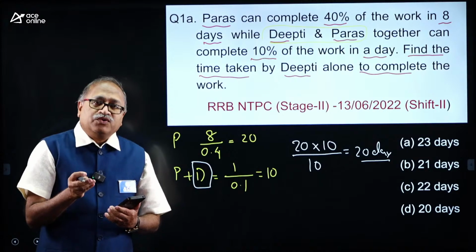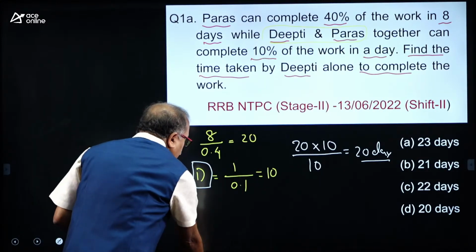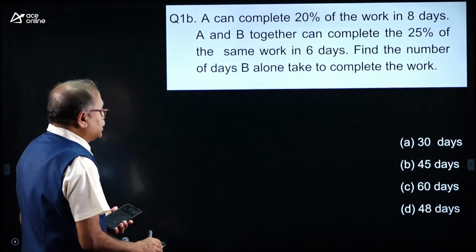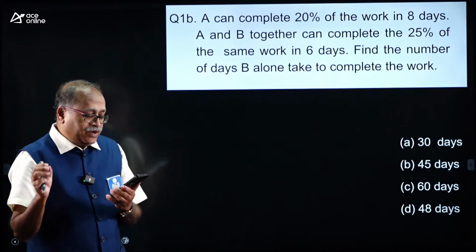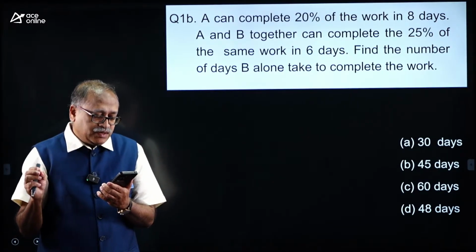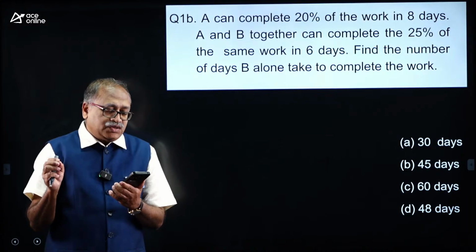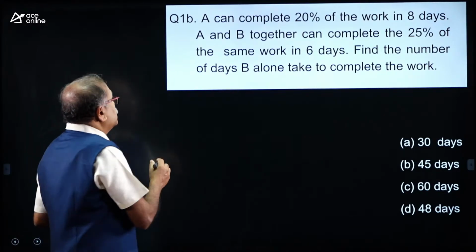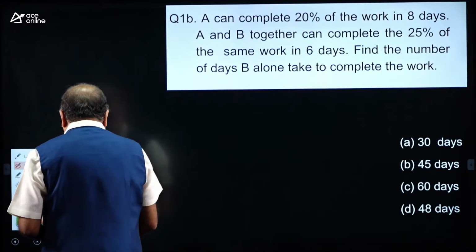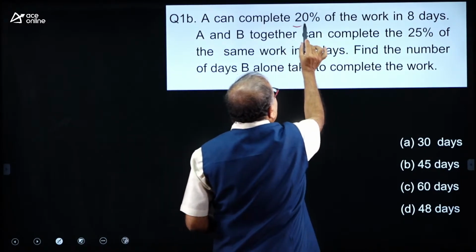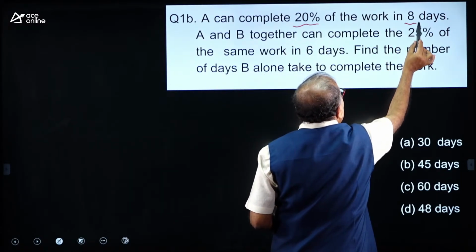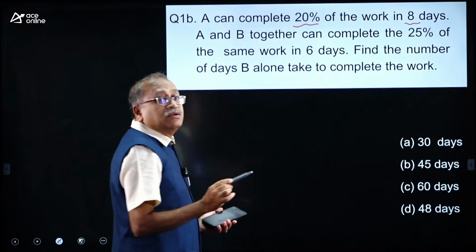Now I am moving on to the next question. I am sure everyone will be benefited by this question. So look at this particular question here. A can complete 20% of the work in 8 days. Fine.